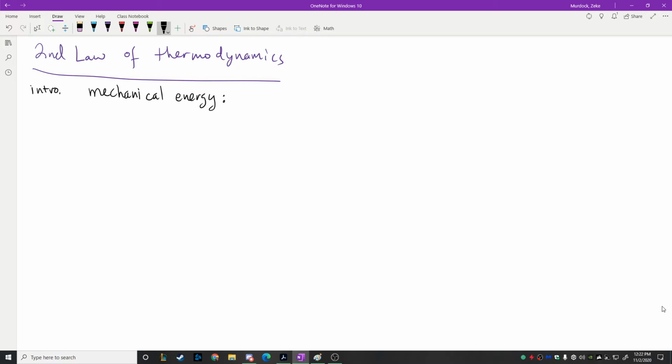Mechanical energy is basically kinetic energy of a system plus potential energy of the system. Okay. So mechanical energy can be converted into heat very easily.